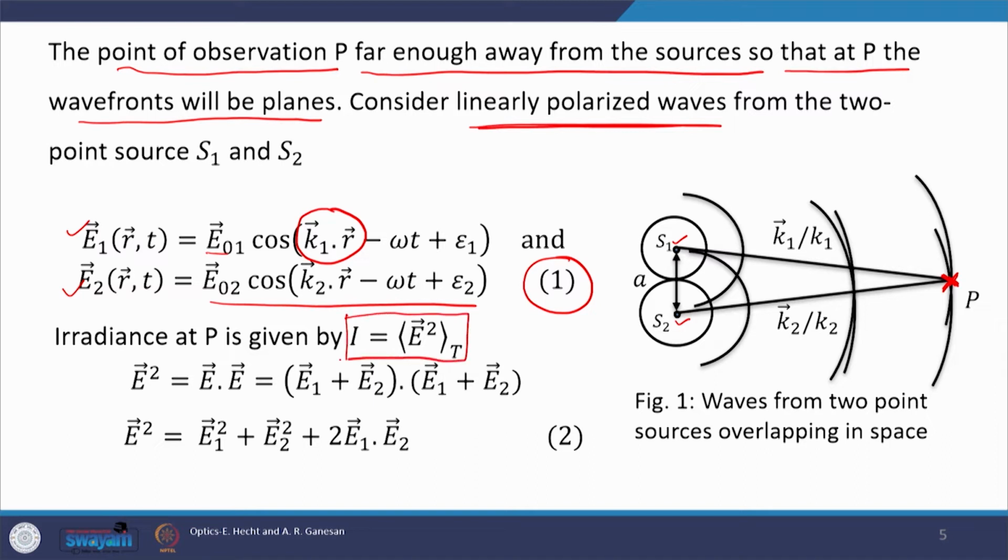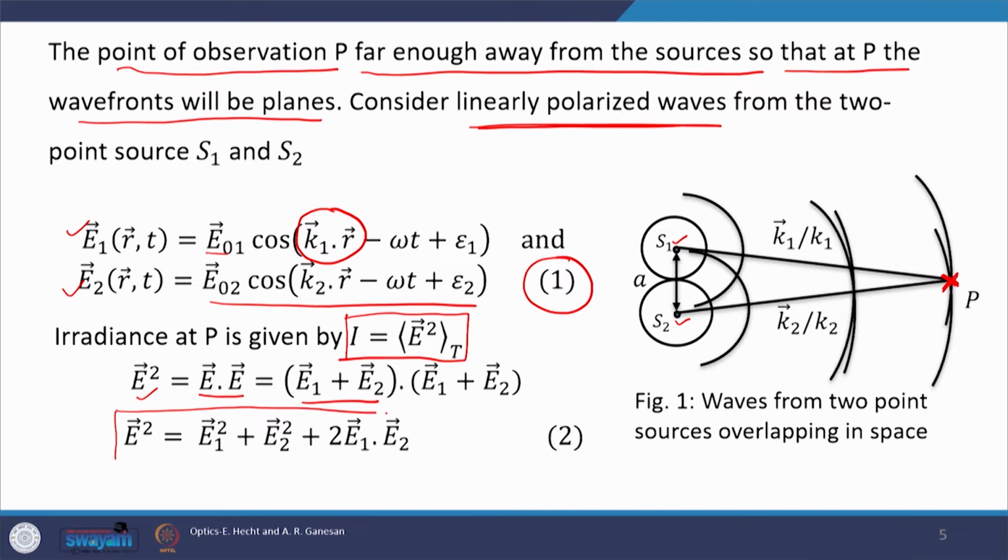The resultant irradiance I would be the time average of E square, where E is E1 plus E2. And how to calculate E square? We take the dot product of the two vectors, E dot E, where E is equal to E1 plus E2, the resultant disturbance. Now, after multiplying, we get this expression.